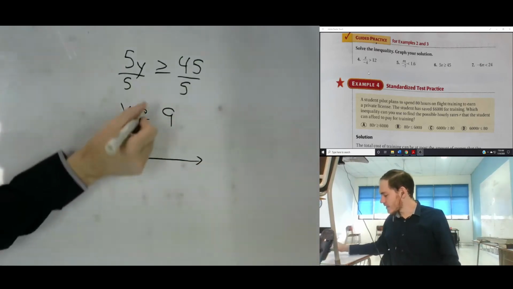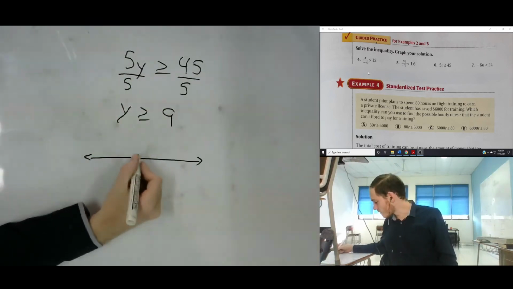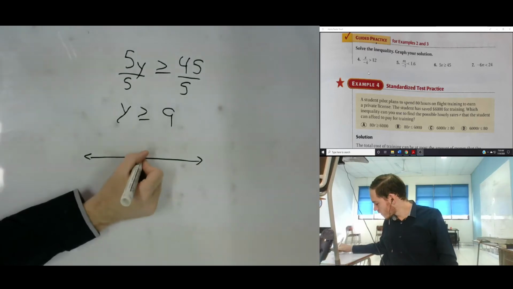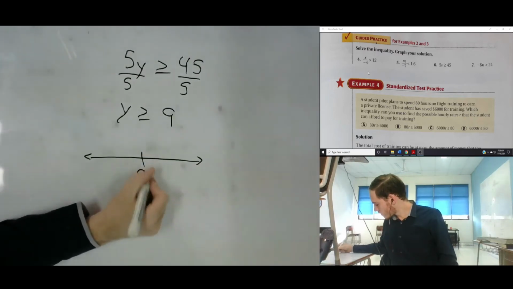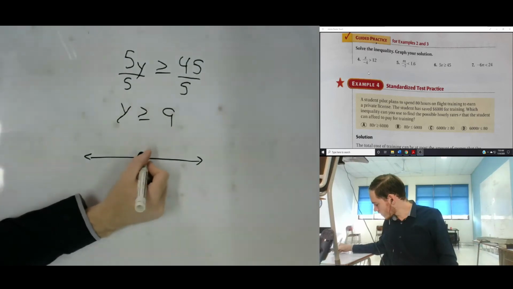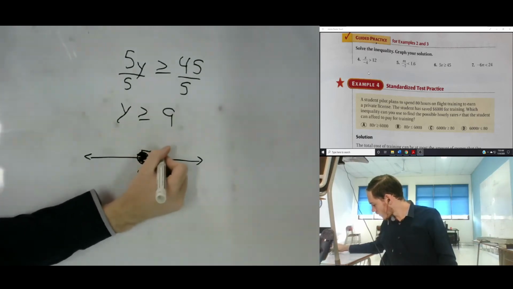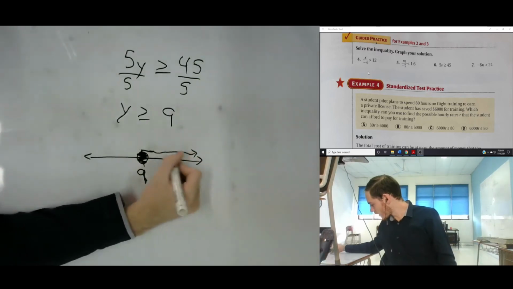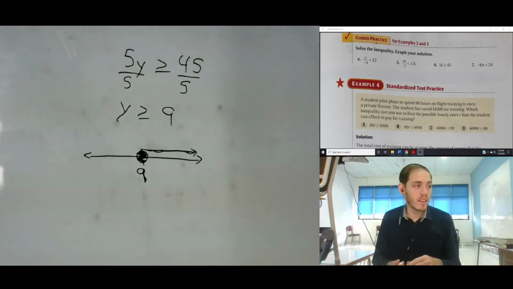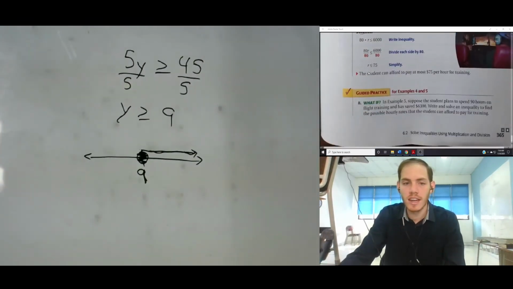So it stayed the same direction because we divided by a positive. So this is 9, fill in the circle, to the right.